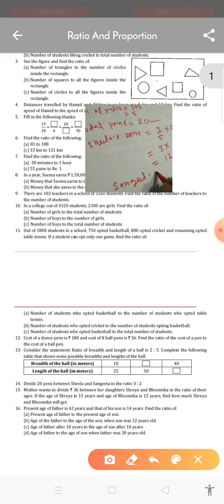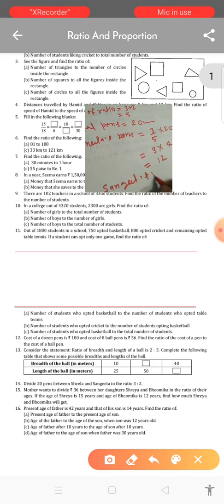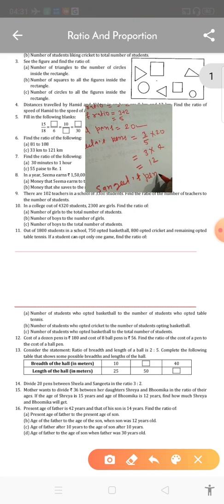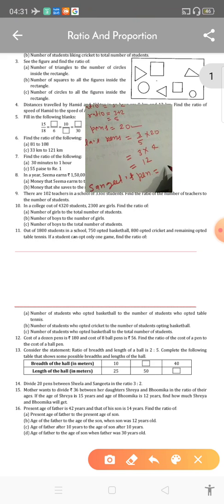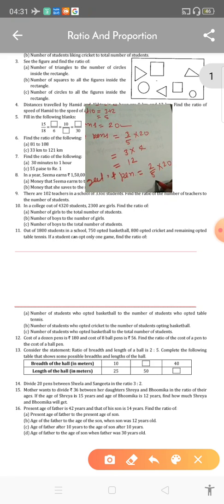Sangeeta's pens is equal to 2/5 into 20, which is equal to 8. Clear?